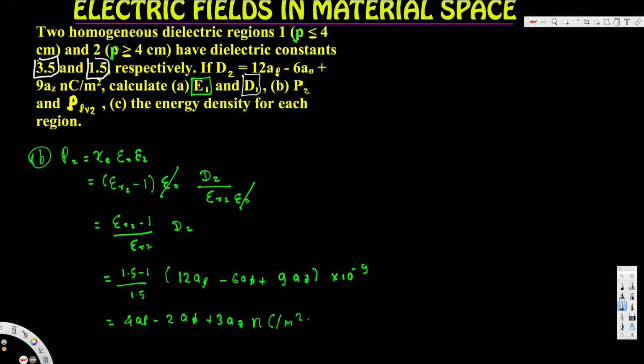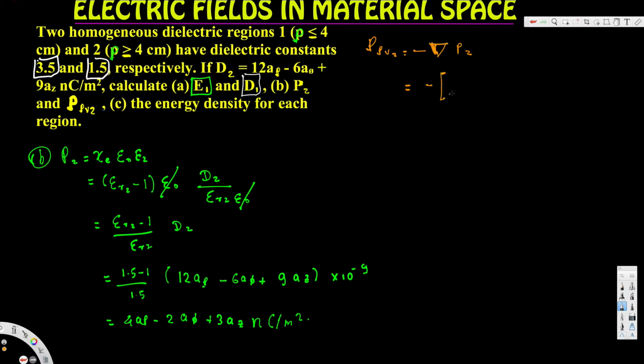Now we are going to calculate what rho v2 is. Rho v2 can be calculated using this formula: negative del dot P2.